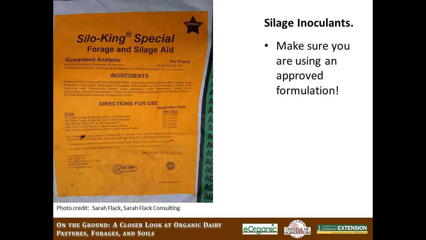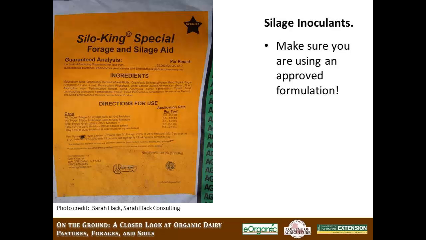This one doesn't specifically say that, but when we sat down and looked at this label, we could see that a lot of the ingredients are listed as organic ingredients. So they've used organically derived wheat midds and organically derived soybean meal here, along with some other organic products. So it seems pretty clear that this company was intending for this material to be approved for use by organic farmers, although it doesn't specifically say that on the label.